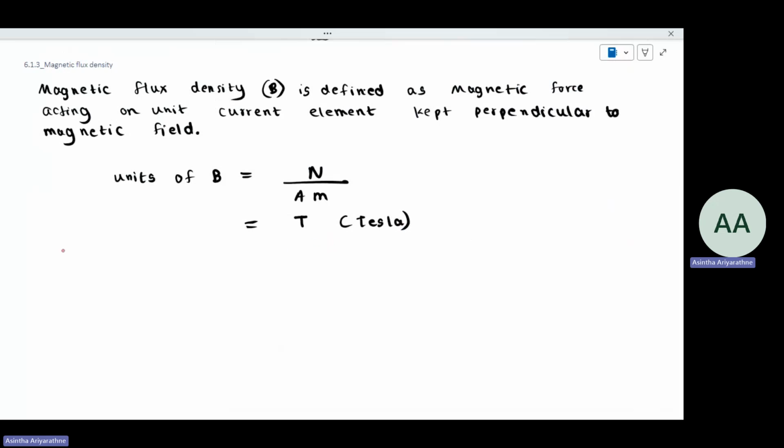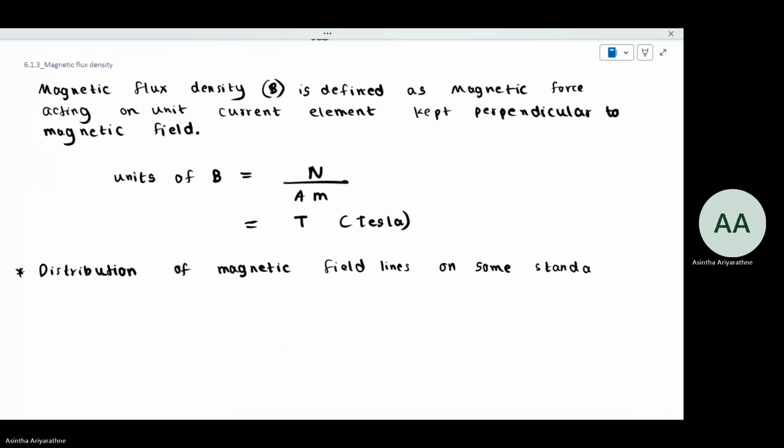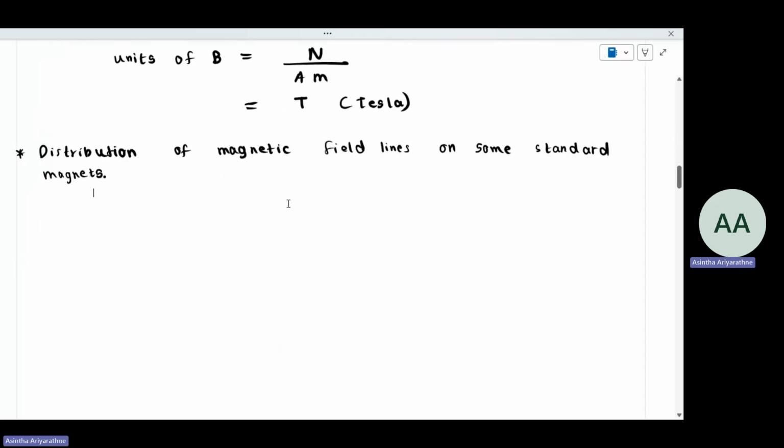So the distribution of magnetic field lines around some standard magnets, on some standard magnets, right?